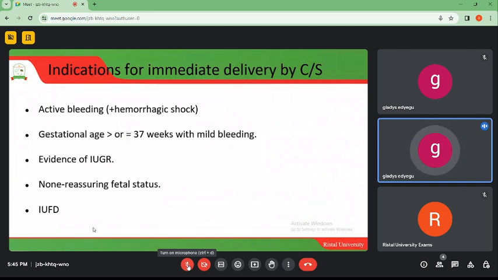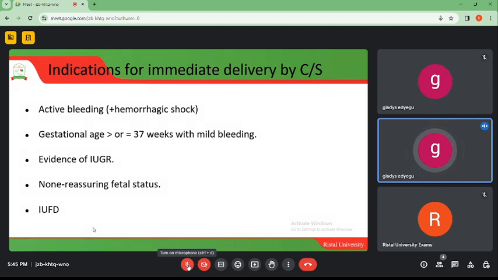Instead of us waiting for this mother either to labor and yet she's bleeding, the baby is dying, we have to do immediate delivery by cesarean section, and hereby we are saving the baby and also the mother.